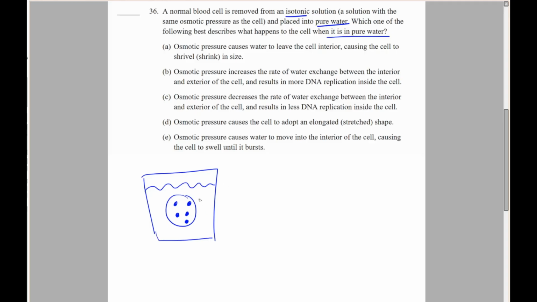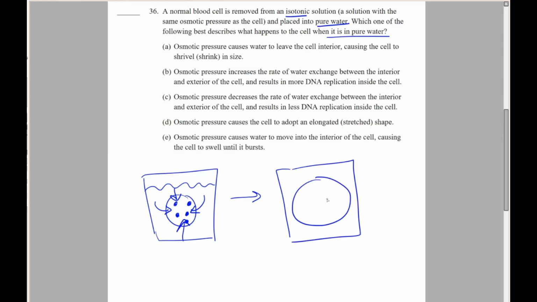So in this example, water will rush into the cell, and the cell is going to be much larger, full of water. It will have the same number of solutes because the solutes are too big to pass through the membrane, and then the water level outside of the cell will be lower.